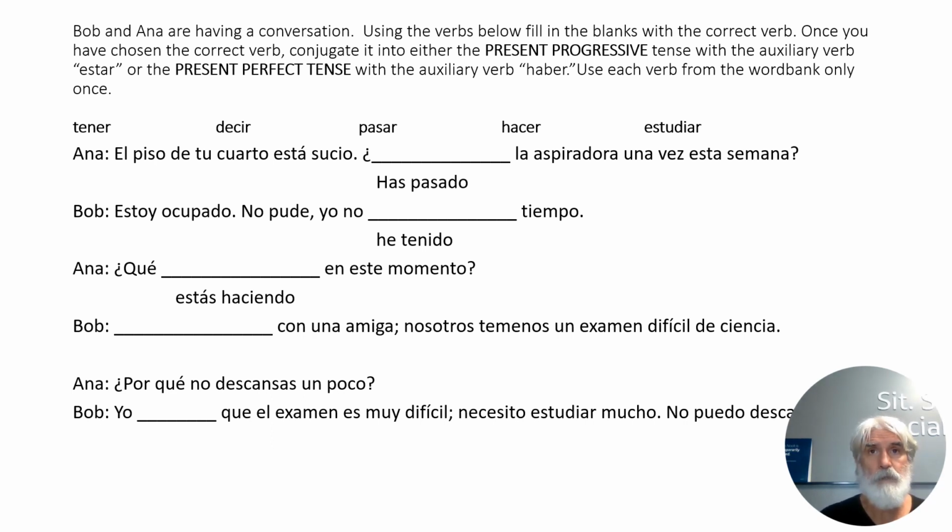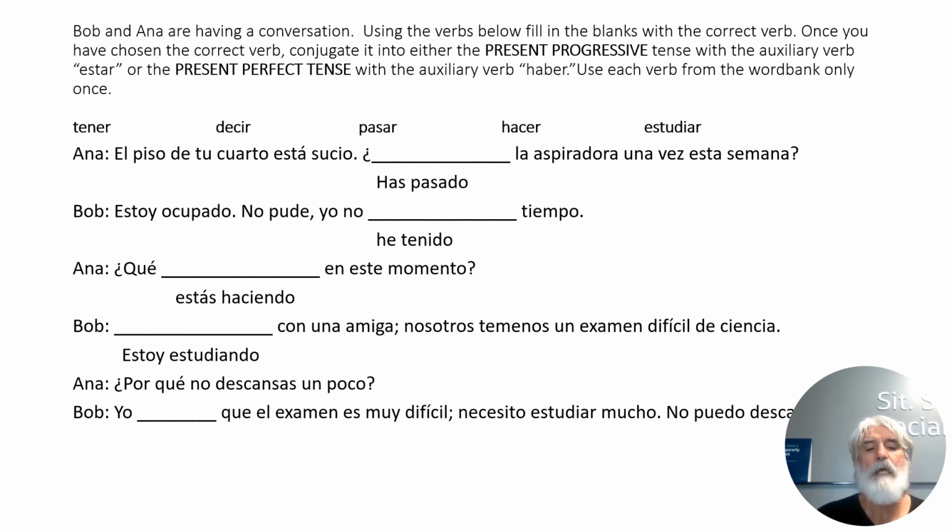Whenever you're doing an action right at that moment, you're going to again answer back now in the present progressive tense. So he's going to say yo, and now we have to conjugate the verb estar in the present tense, estoy, and then estudiando.